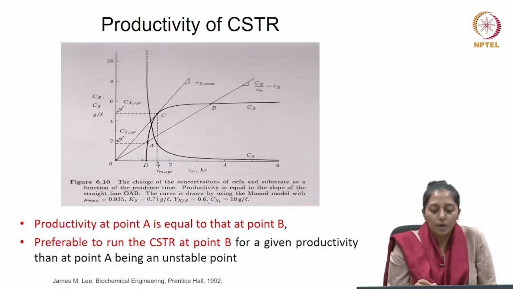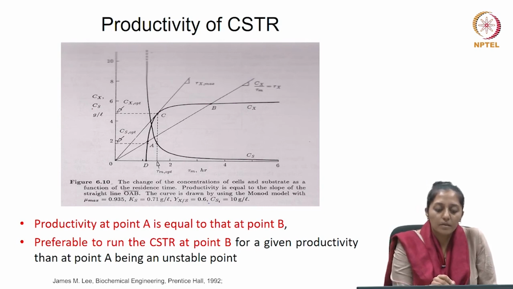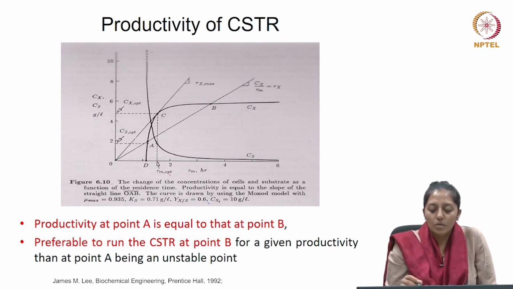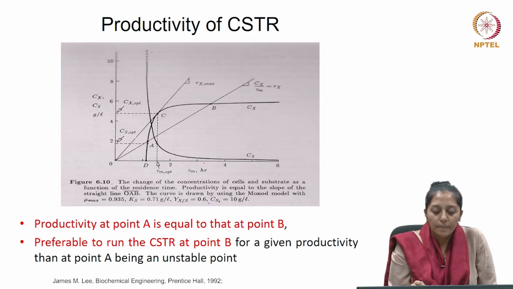If you see the plot, it is a plot between the steady state biomass and the steady state substrate concentration in the outlet stream versus the residence time. As the residence time decreases, which means the dilution rate is increasing, the biomass starts decreasing beyond a point and becomes nearly equal to 0 at point D. Now, this D point is nothing but the washout point.